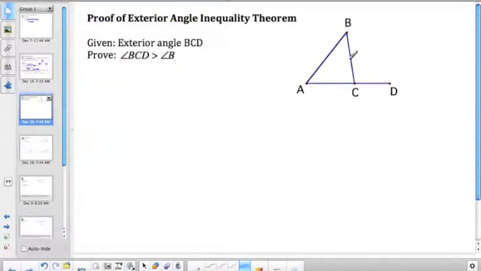And actually, let me switch to a red for this. So we have this midpoint, and we're going to call it M. So M is the midpoint of BC, so we know that this is congruent to that, because we know M exists.